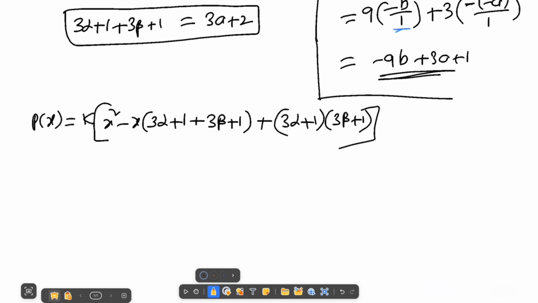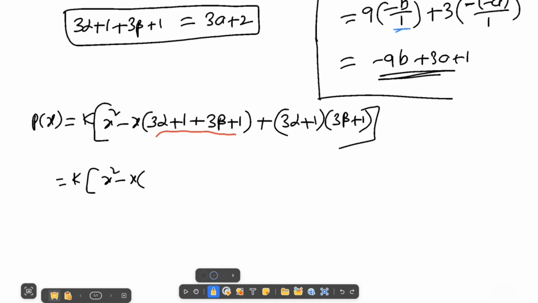Now, k of x square minus x of, now the sum of the zeros.